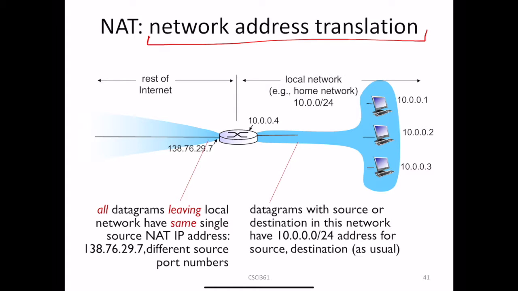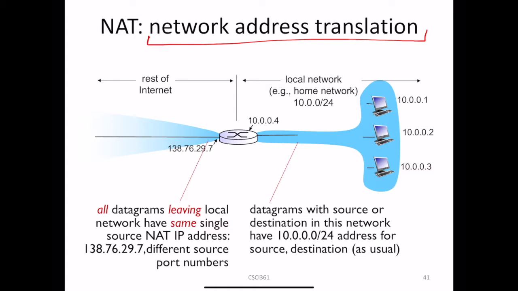And also this function is provided by the routers in your home. So all the datagrams leaving the local network have the same single source NAT IP address, which is the public IP address we just mentioned.